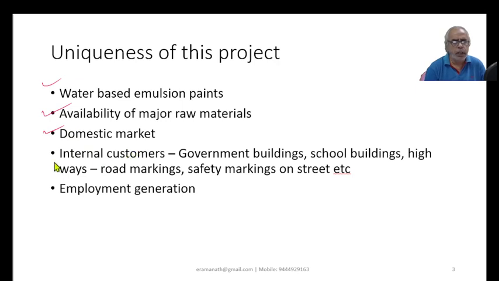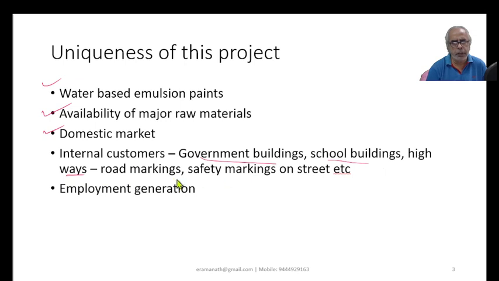And as far as internal customers are concerned, suppose this project is initiated by any government organized small groups, that is self-help groups, probably the government themselves can support with their procurement for finishing government buildings, school buildings and highways.